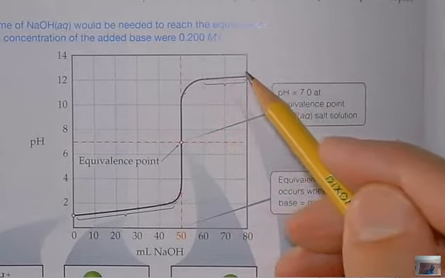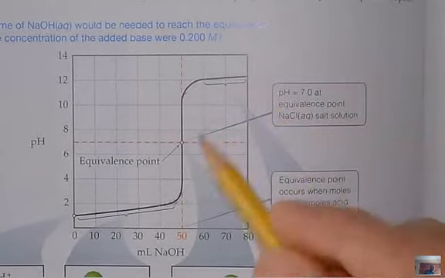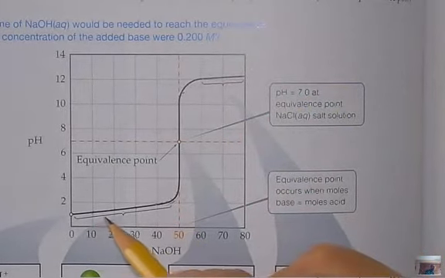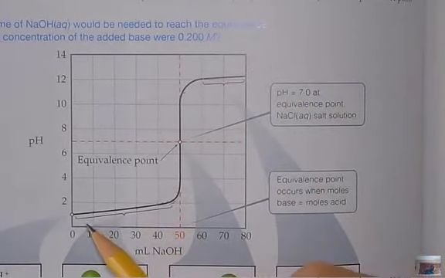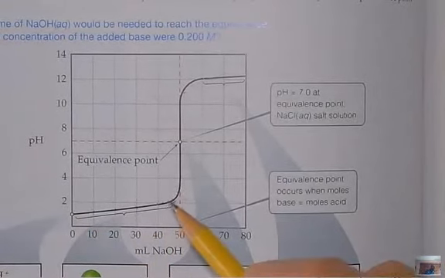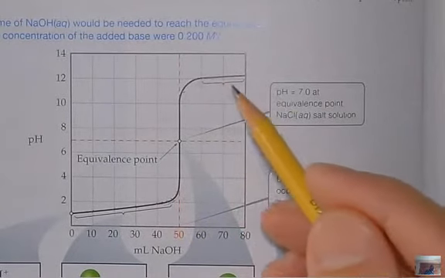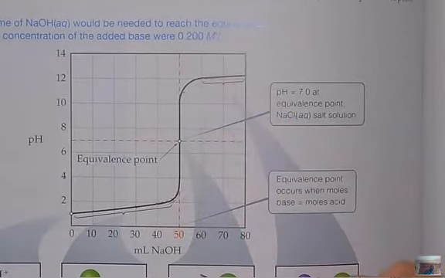It'll keep on going up very slowly over here, but this is an unbuffered solution, pretty much like it was down here. So strong acid, strong base, I expect it to be very flat initially, super sharp endpoint, and then very flat again. That's my expectation. And I'm always graphing versus the number of milliliters of whatever is in the burette.